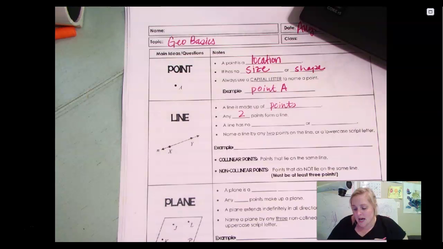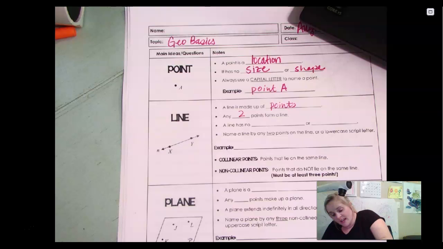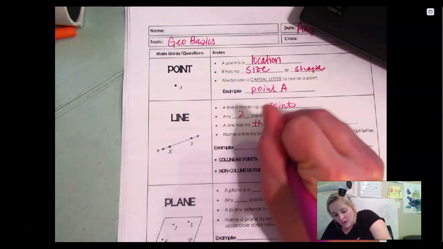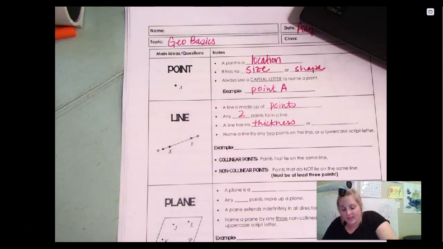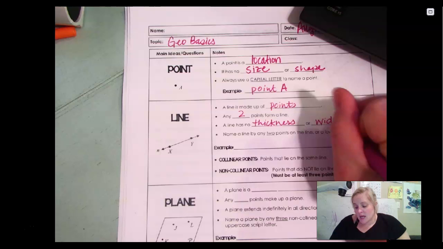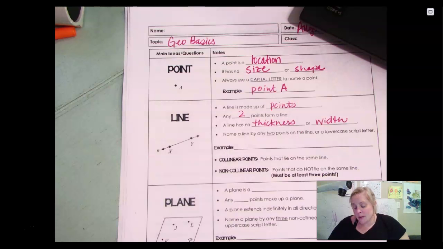A line has no thickness or width. Name a line by any 2 points on the line and a lowercase script letter. Okay, so you can name it by any 2 points on the line.